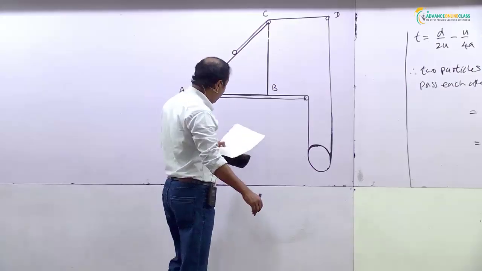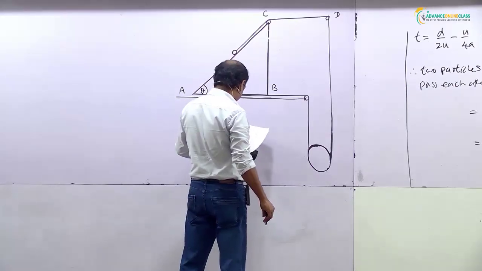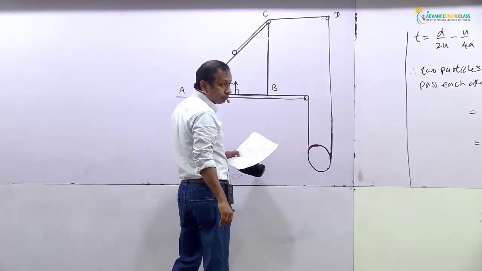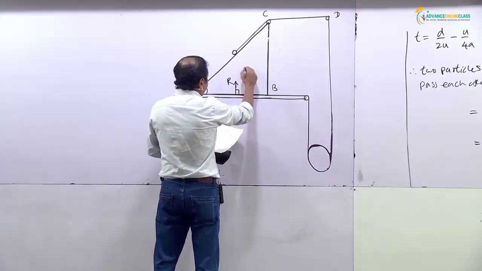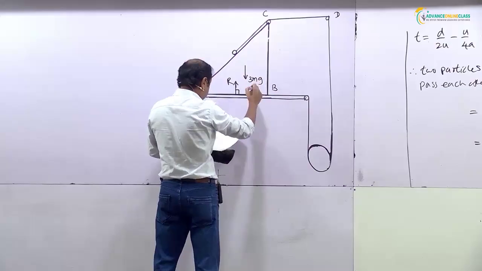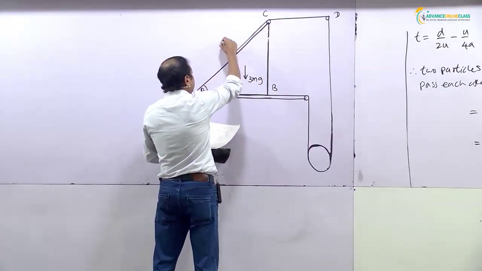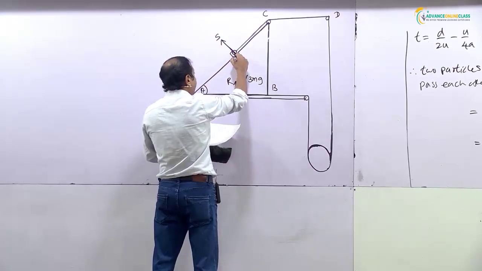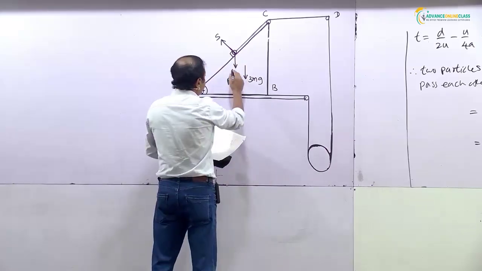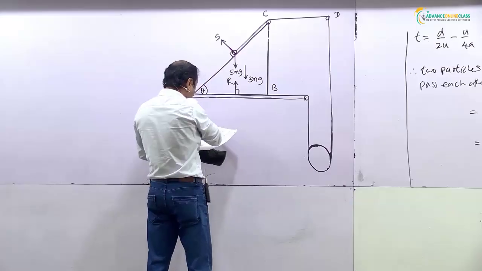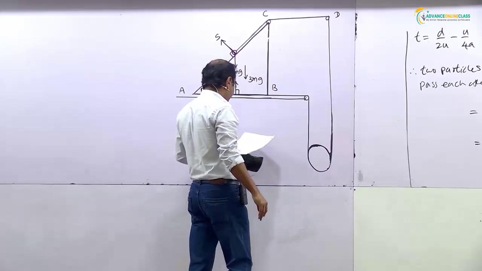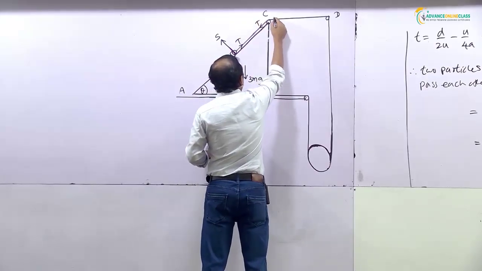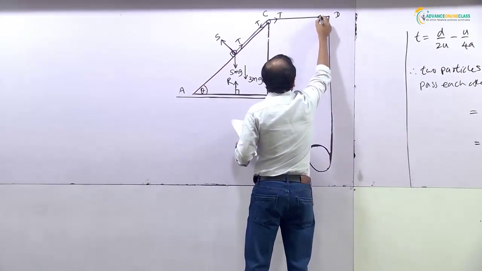Right. Now here normal reaction R. Weight is 3 mg. Here is normal reaction 5 mg. Here tension T. Everywhere along the string the same tension.